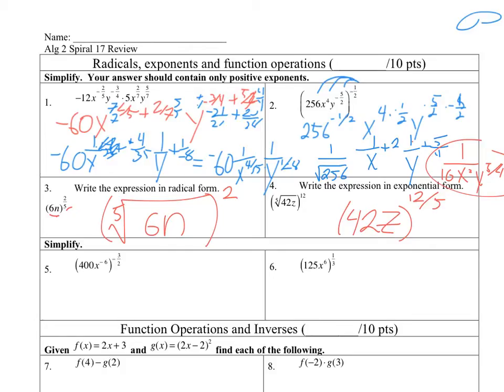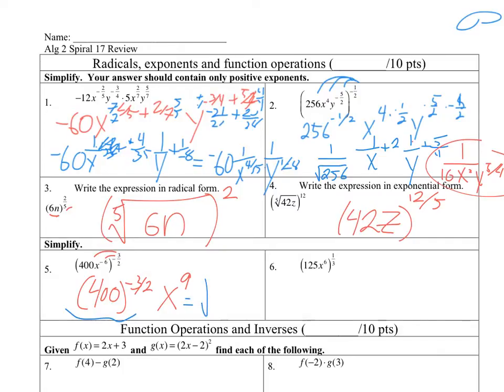Simplify. First thing we do is start what I did up top and distribute that to both pieces. I get 400 to the negative 3 over 2, and negative 6 times negative 3 over 2 is going to be positive 9, so that's x to the 9. Okay, next step, I'm going to convert my first part into a radical.